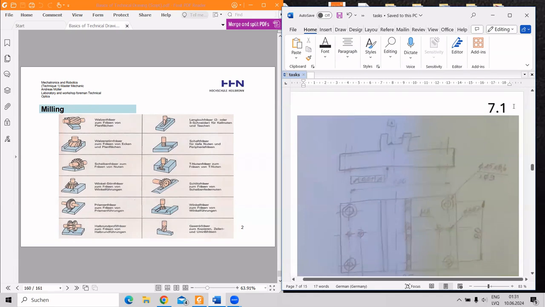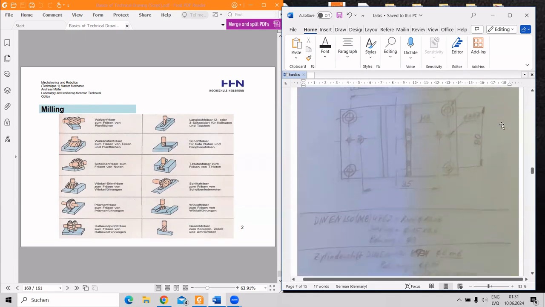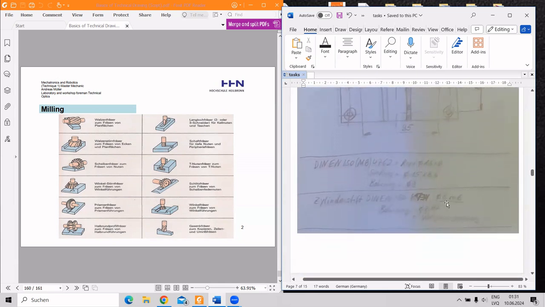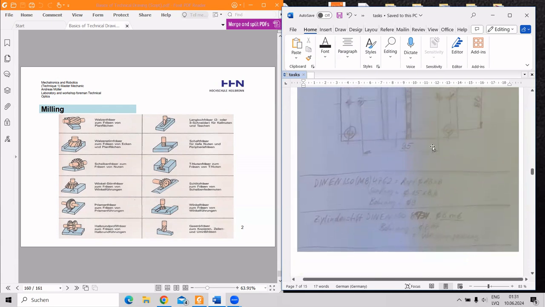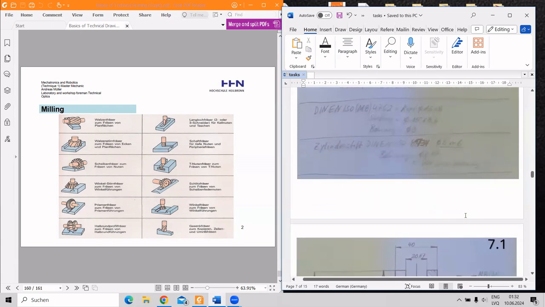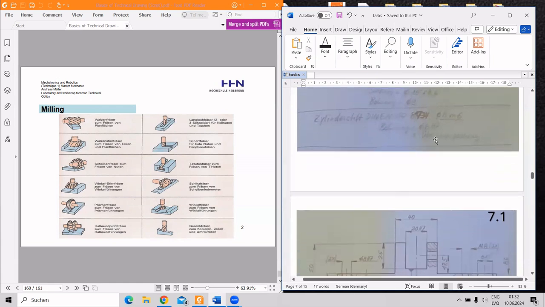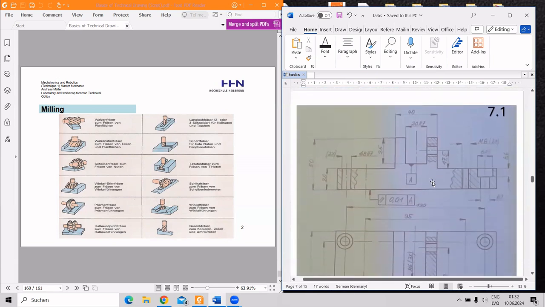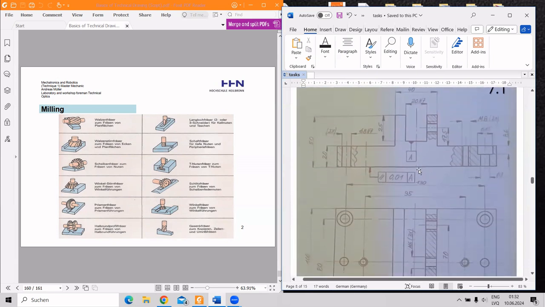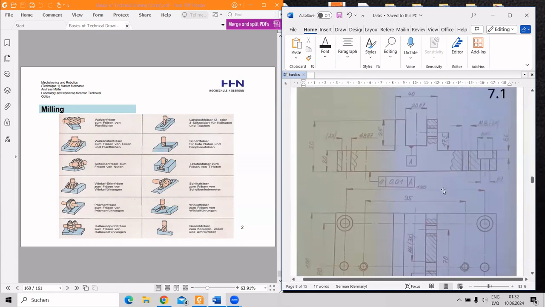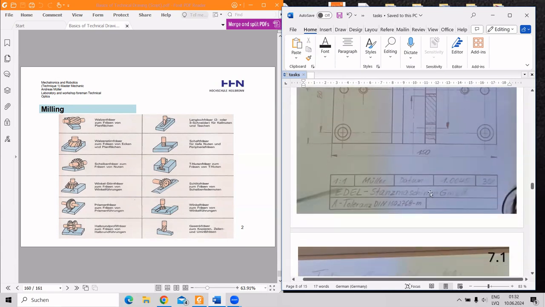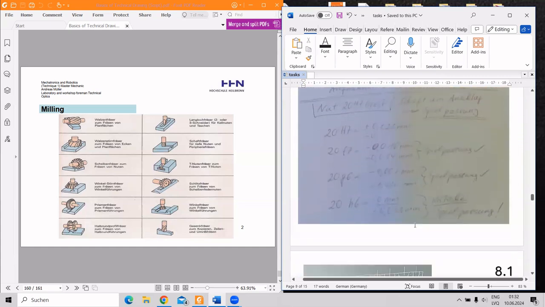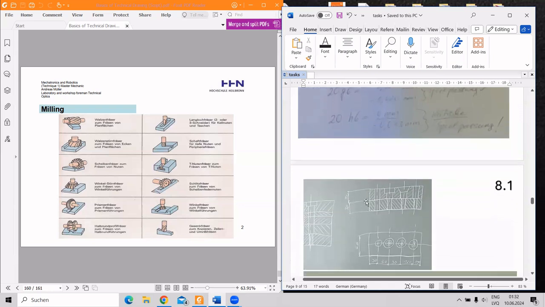Here we have a sketch for a stopper part. I unfortunately don't have exercises here. So again, we need to follow the same rules which we have looked at in the presentation. Yeah, here's a clear sketch and additional tasks.